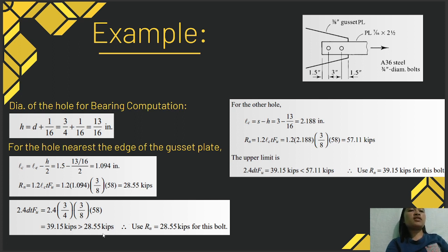And ato ang gamiton anis ang mas mubo sa duha. So therefore, ato ang bearing strength na gamiton is 28.55 kips for sa kato nga bolt.